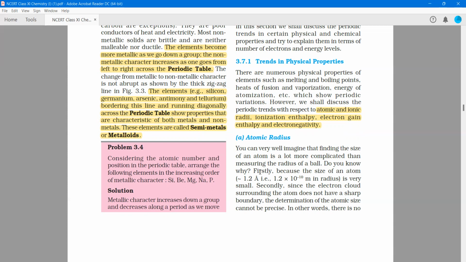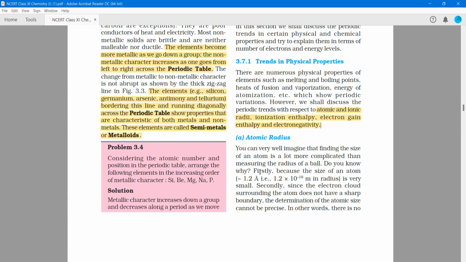You can well imagine that finding the size of an atom is a lot more complicated than measuring the radius of a ball. Definitely, because a ball has a rigid shape, but atoms don't have a rigid shape, because electrons are there. So which type of radius do you want information about?